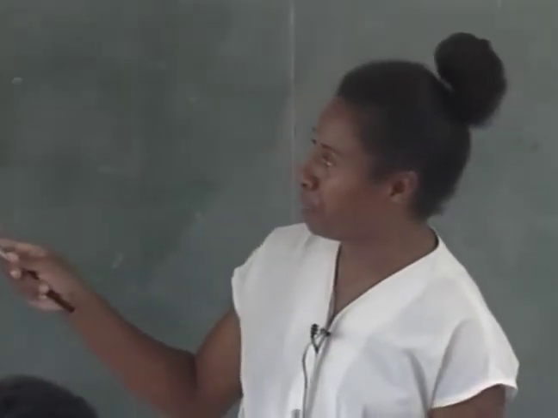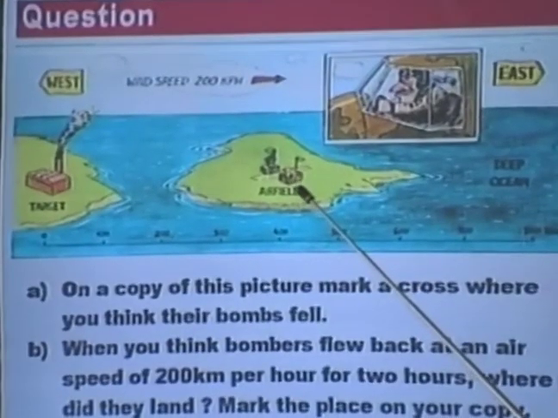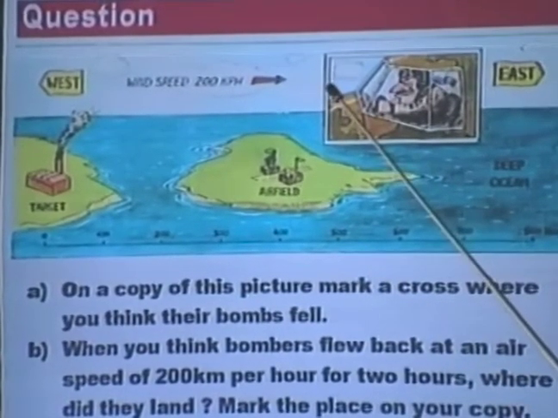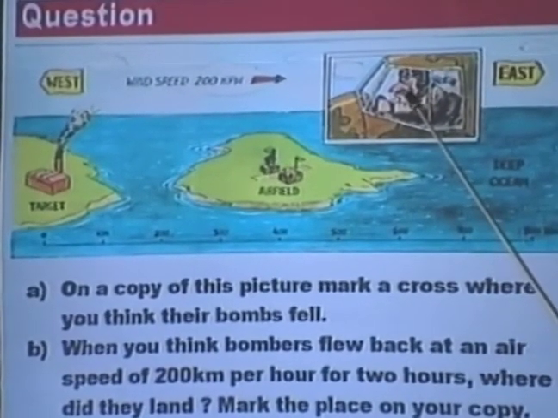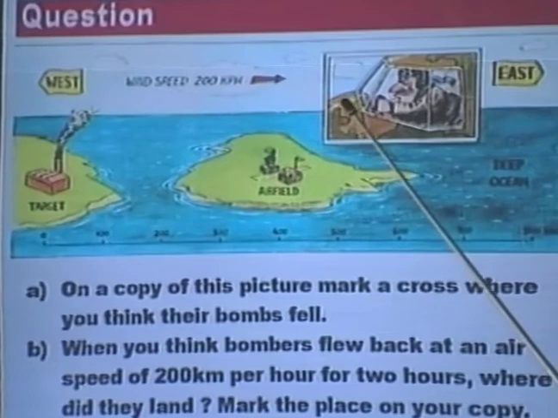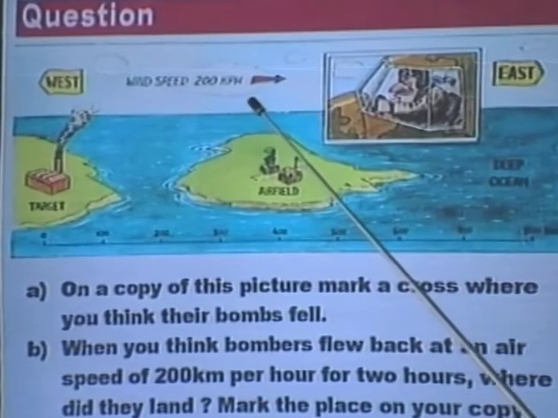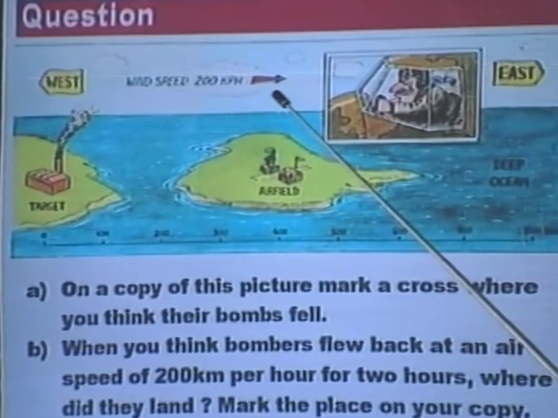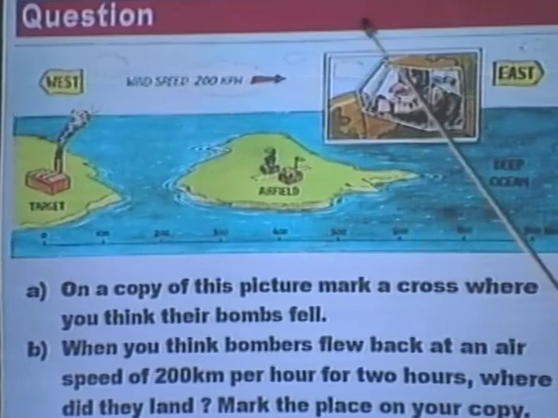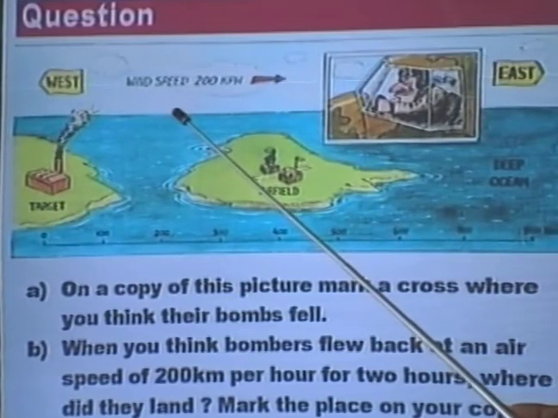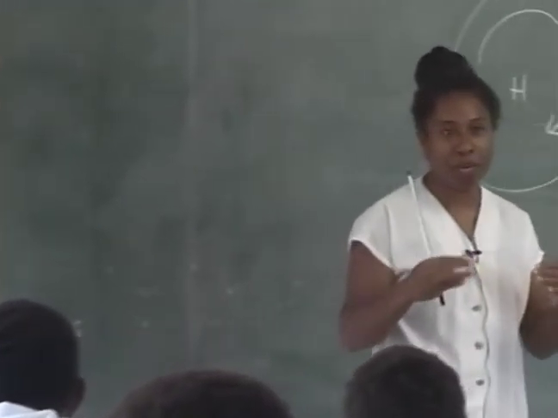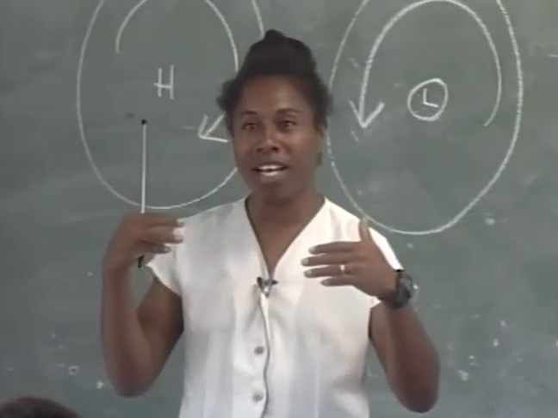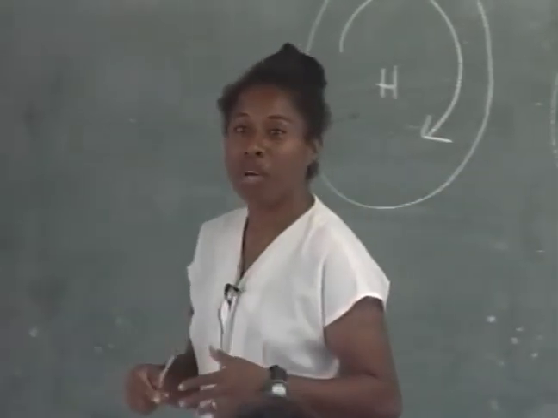Let's look at this. The plane takes off from the airfield, right? Flies at that altitude. The speed of the plane is 200 kilometers. The speed of the wind is 200 kilometers. Will the plane advance? Why? The force of the wind is equal to the speed of the wind.